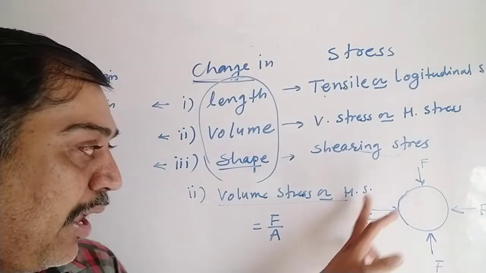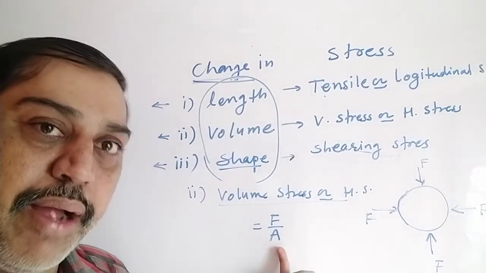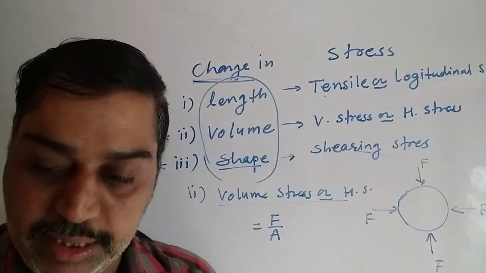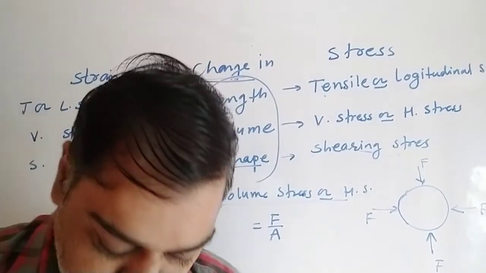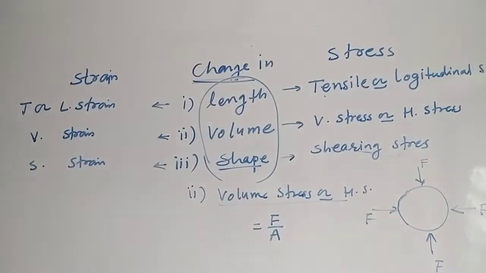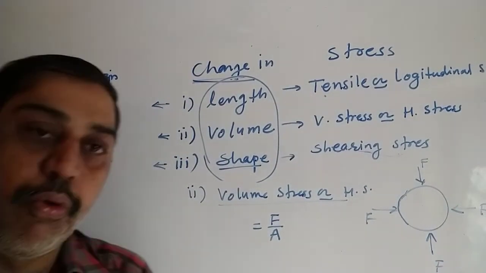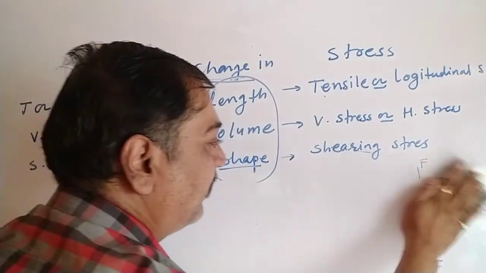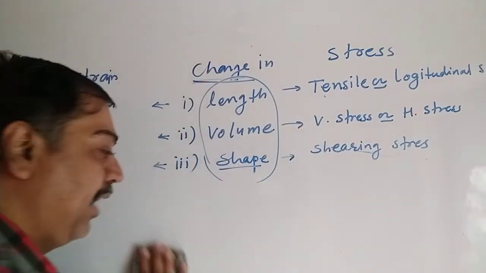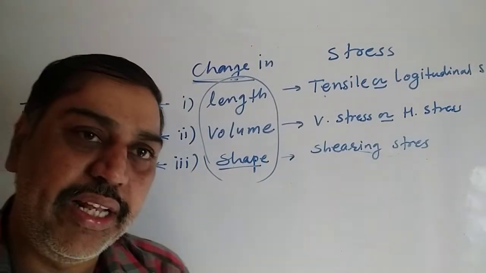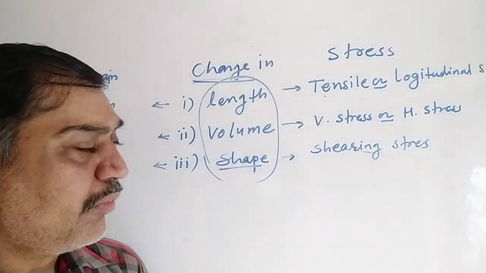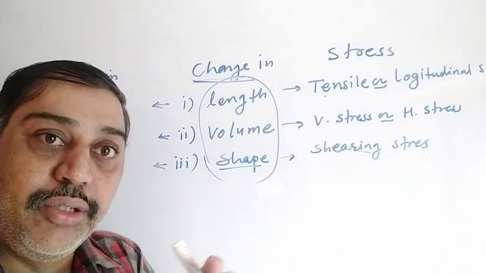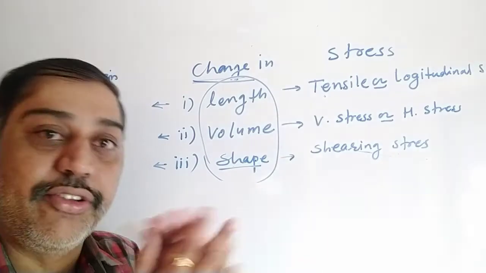The force applied from all six sides divided by area on which the force is applied, it will change the volume of the object, and that is said to be volume stress. We have seen the volume strain, change in volume divided by original volume. In case of length, if you remember, we have just seen the increase in length. Similarly, length can be decreased also in metal.